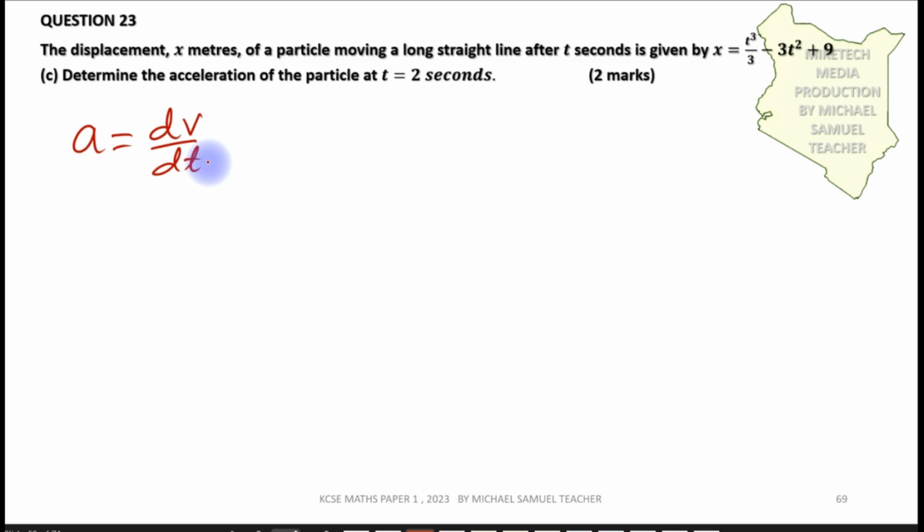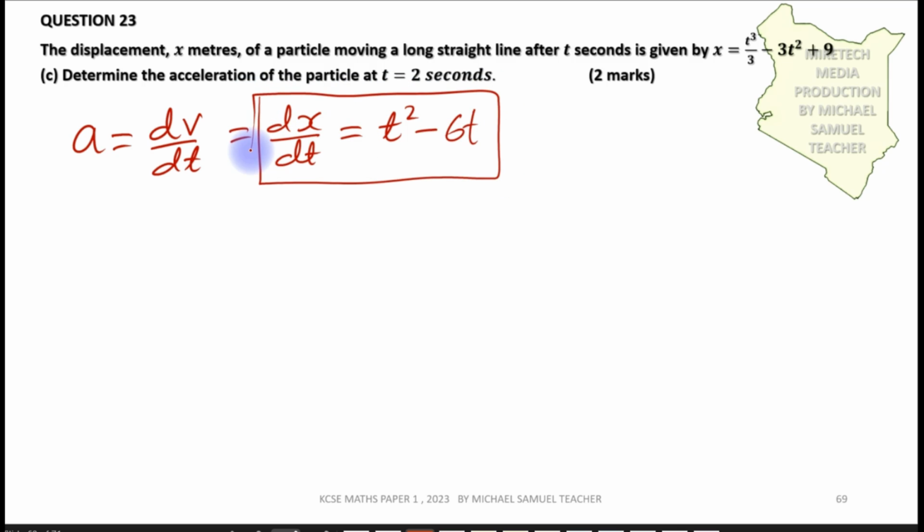But remember, we had dx/dt, which was t squared minus 6t. So actually now, we need to differentiate it again so that we get this value.